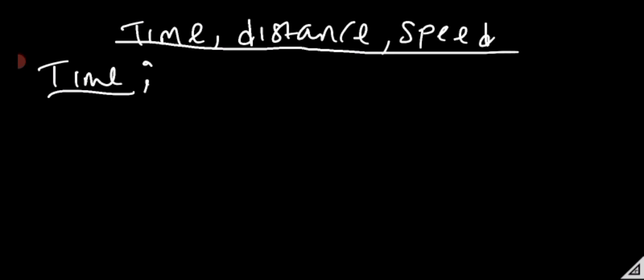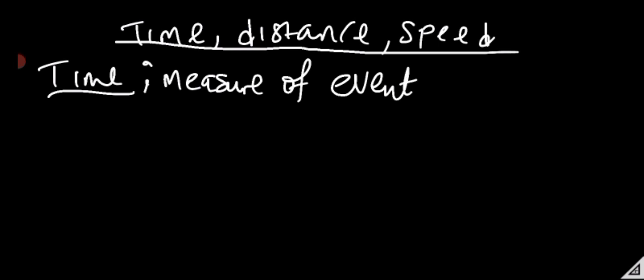What is time? Time is defined as the measure of events. It might be an event to come, or it might be an event in the past. It's just about the measure of events.